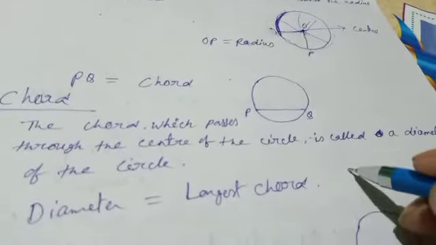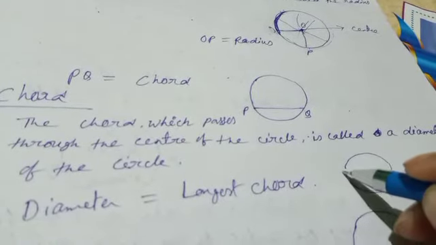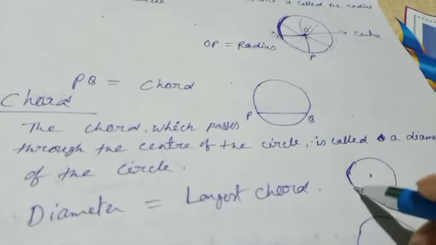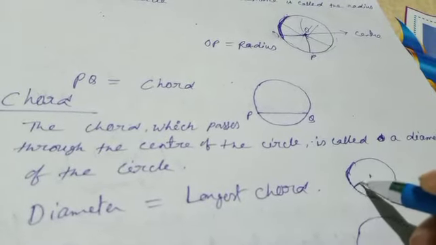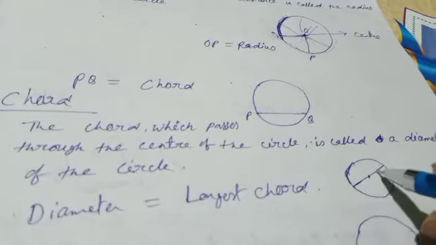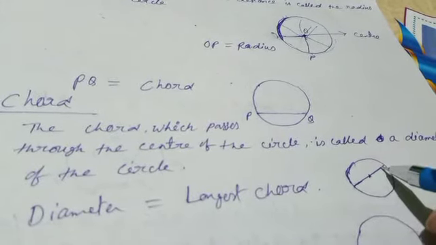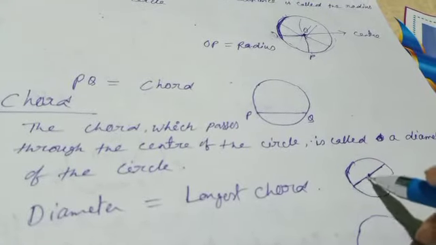Suppose you are having this circle. This is the center. If you draw a line segment passing through the center, this is also a chord because both the ends lie on the circle. Yes or no? Then this is called diameter.